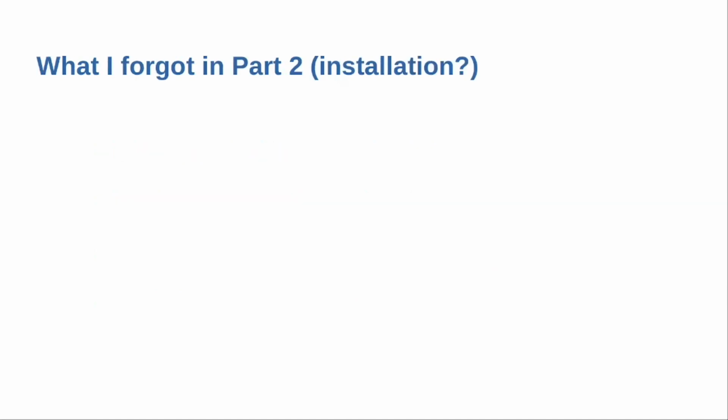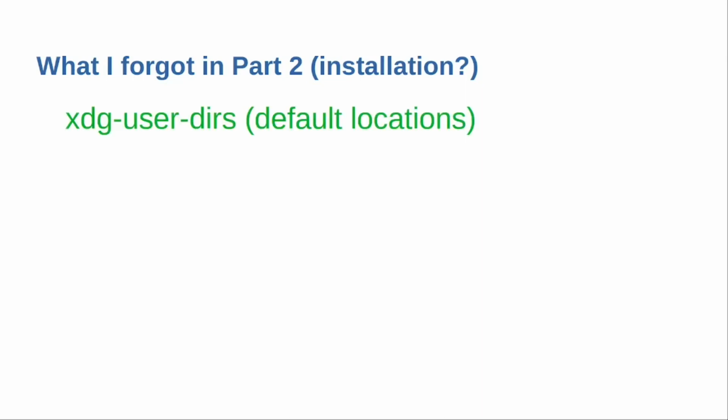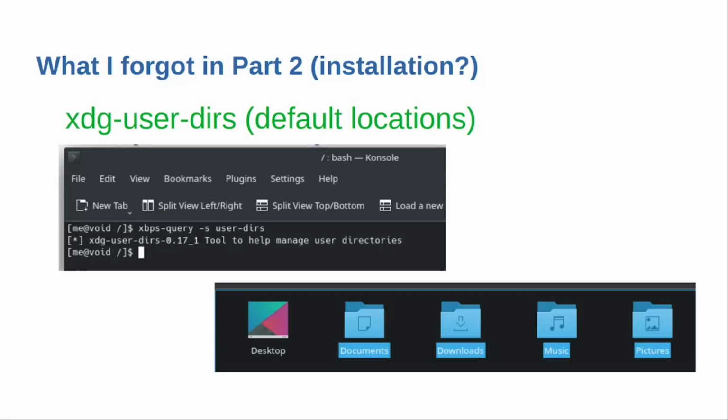This part will be an overview of my experiences, and there is one particular thing I should mention before I go into the details. I missed one package called xdg-user-dirs. These are the default locations that we normally see called Documents, Videos, Music, Pictures.